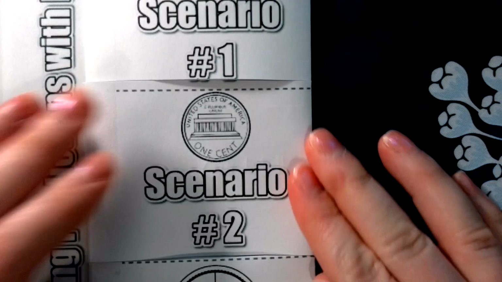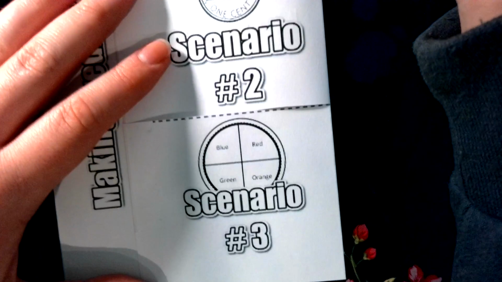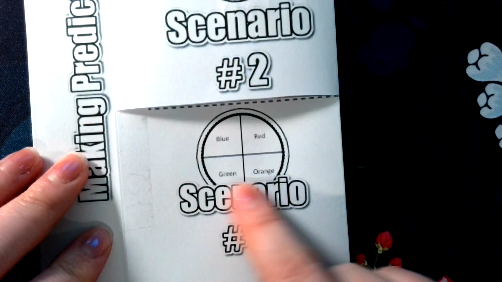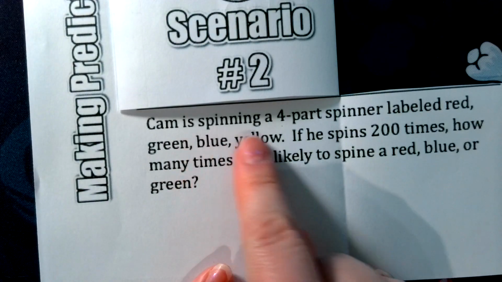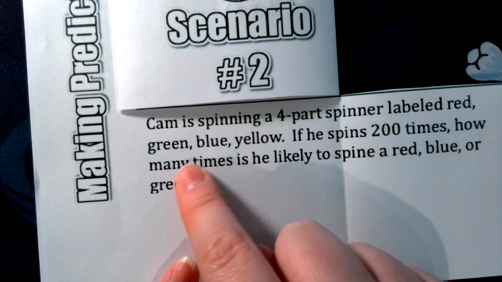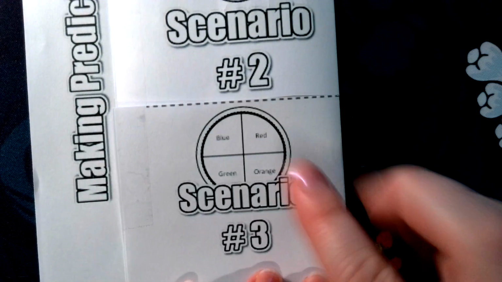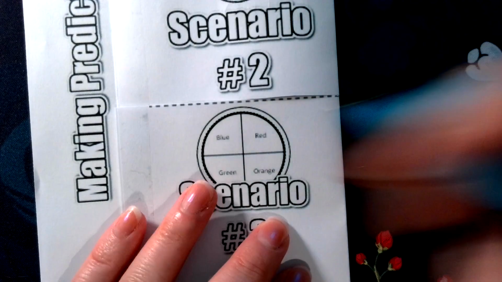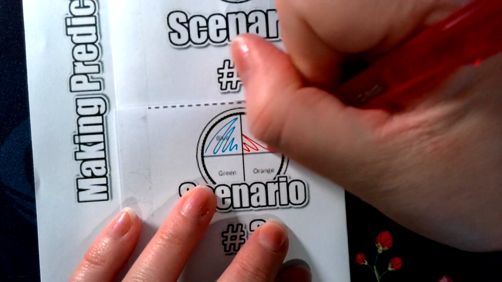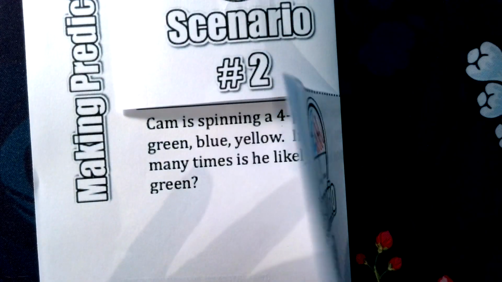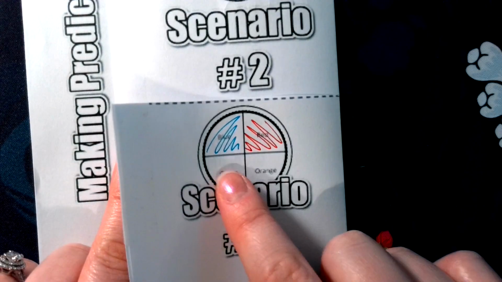All right, we've got one more scenario. This time we've got a spinner. So it says Cam is spinning a 4-part spinner labeled red, green, blue, and yellow. So that's what they're showing you up here. We've got our blue, we've got our red. Oh, this one is different, I lied.